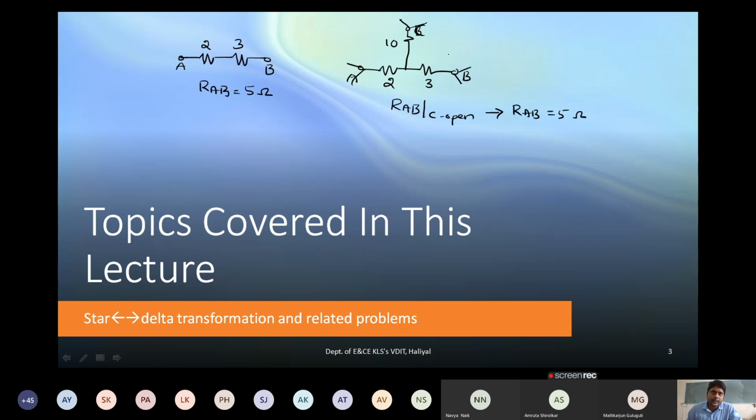This kind of thing we can sort out by using star to delta and delta to star transformation. So this star network is also named as Y network, or something like T also. If I take the same thing, I may represent it like this also.